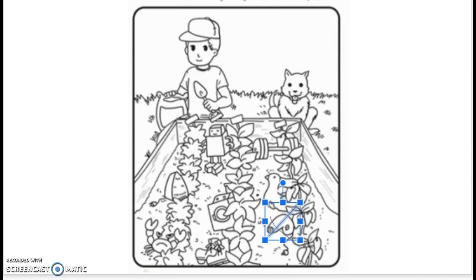I'm going to find one more thing that doesn't belong in the garden. Then I want you to see if you can find some things that don't belong in the garden. So I might get my dot and I might say, ugh, that crab doesn't belong in the garden. He belongs on the beach, right? So you can keep looking a little bit longer at this picture.